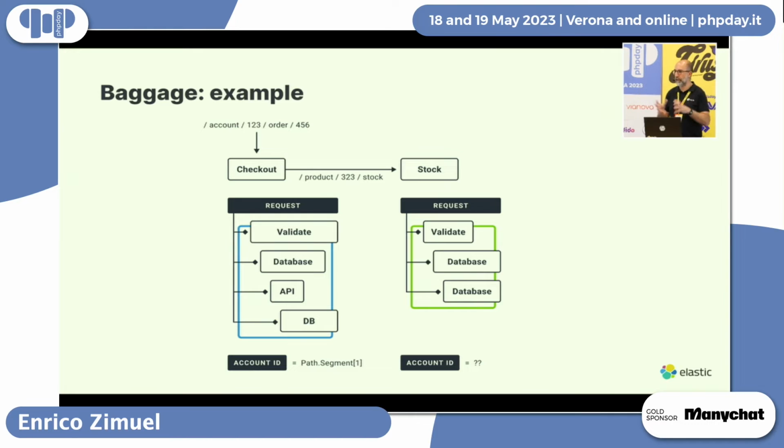So basically, if I put everything in this baggage, the baggage will be propagated in the HTTP request for the stock. And on the stock, I can get back the baggage and get back the account ID. I don't know if the example was clear enough.